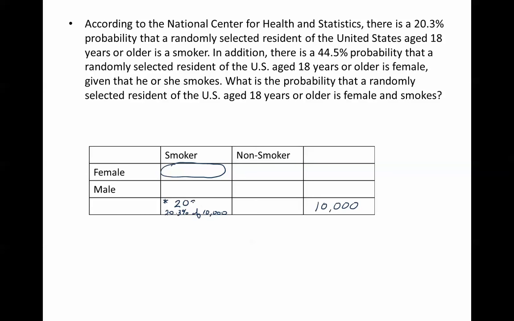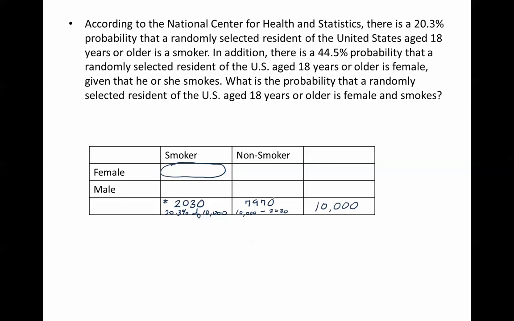So in that box we have 2,030 individuals. We may not need it, but just to take a look, we could fill in this box now by taking our total number of individuals, 10,000, subtract the number of smokers, and that would give us 7,970 for the number of non-smokers out of this kind of made-up set of 10,000 individuals.